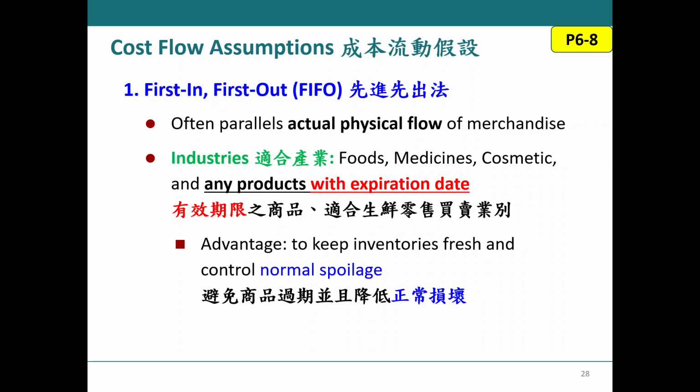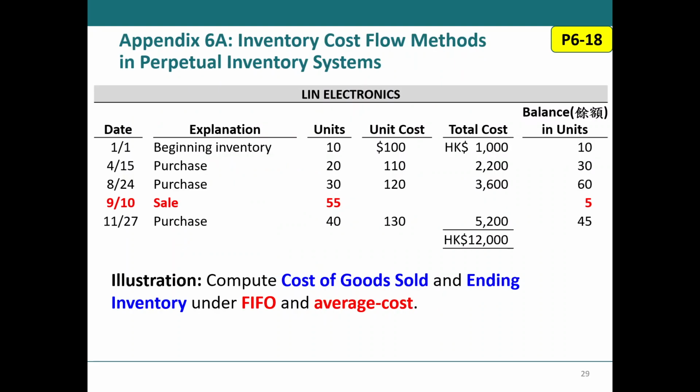No problem? Then let's look at the case right here on slide 29. Did you find out how many purchases you have? First purchase right here. Second purchase right here. Third purchase. Fourth purchase. So totally you have 4 purchases.